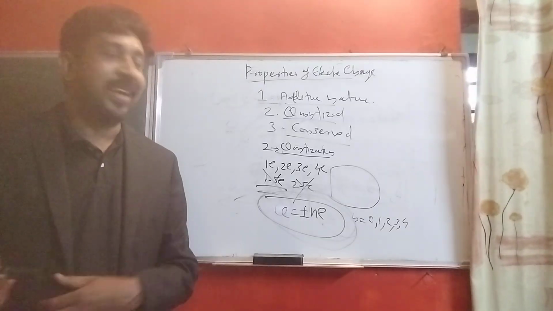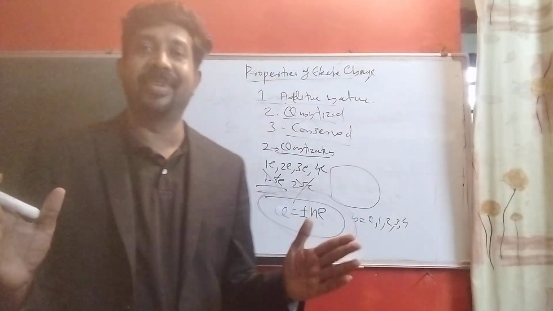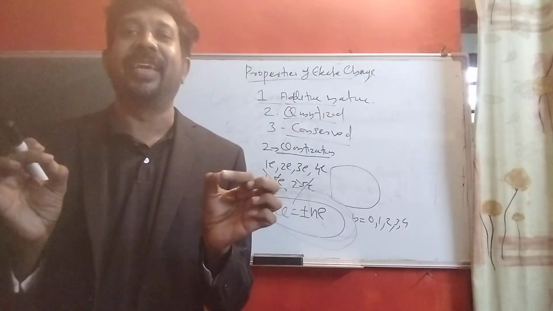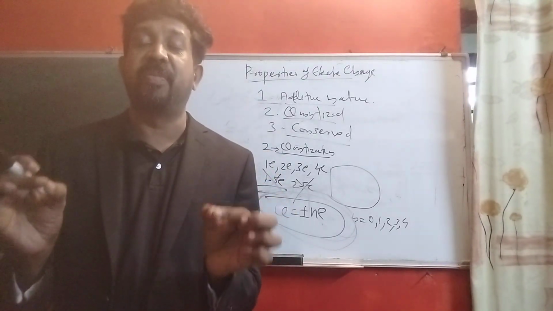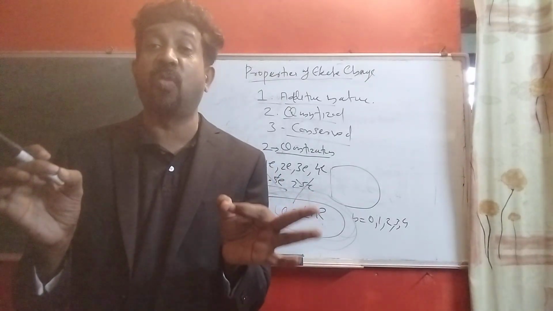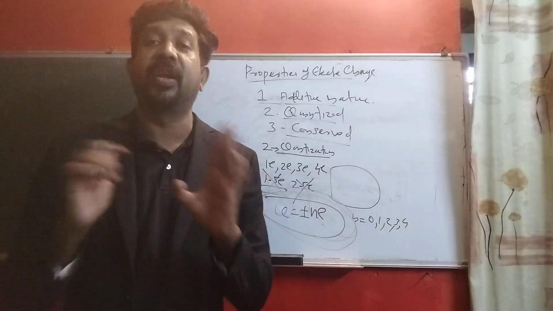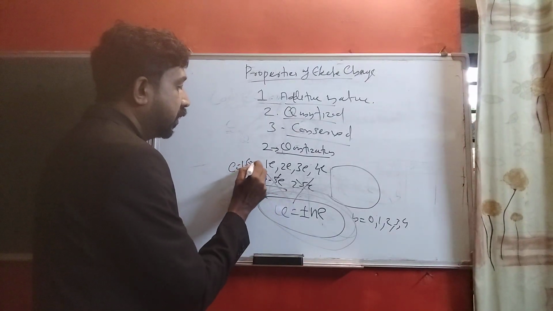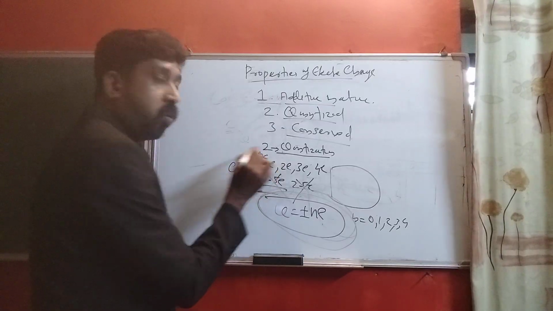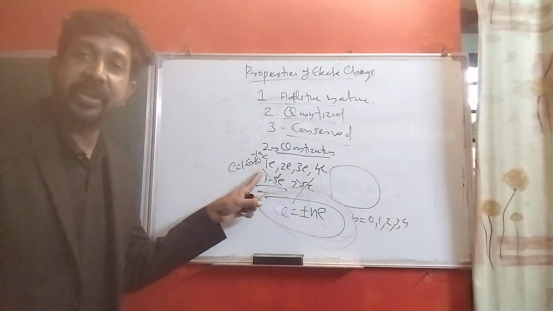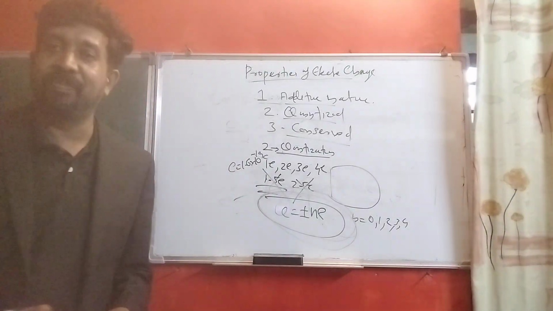According to quantization of electric charge, the total charge of a body is an integral multiple of a basic charge. That basic charge is the electronic charge of a proton or an electron, and it is given by e is equal to 1.6 into 10 raised to minus 19 coulomb. The charge of an electron is 1.6 into 10 raised to minus 19 coulomb.